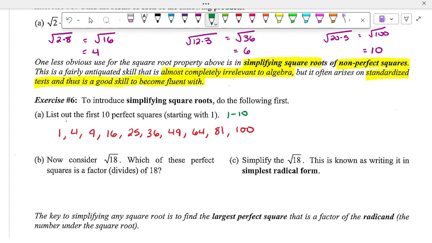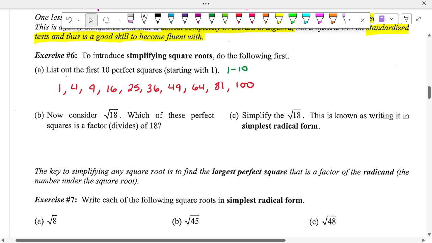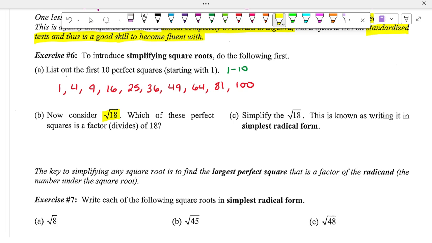Now, the reason we do this is because now look at letter B. So, square root of 18. First off, is 18 a perfect square? No, it's not. But which of these perfect squares could we use as a factor for 18? 9.